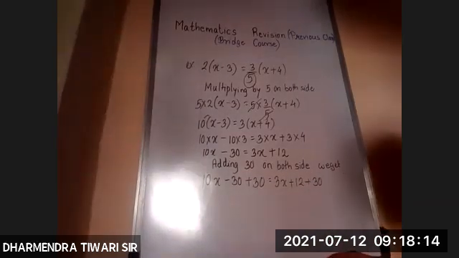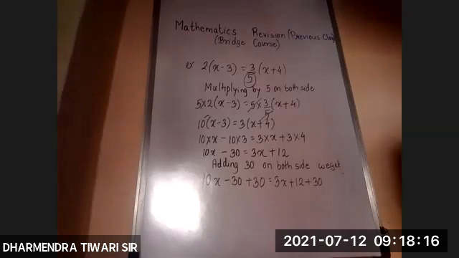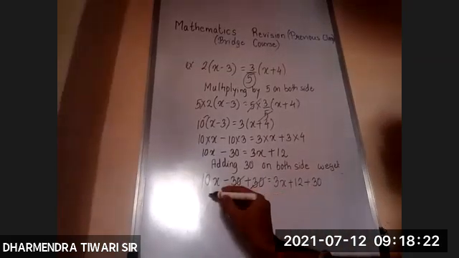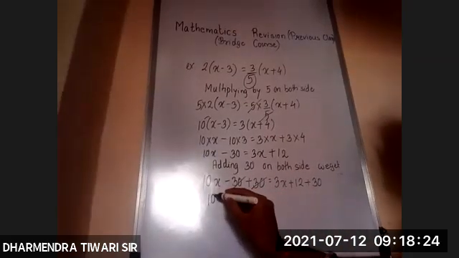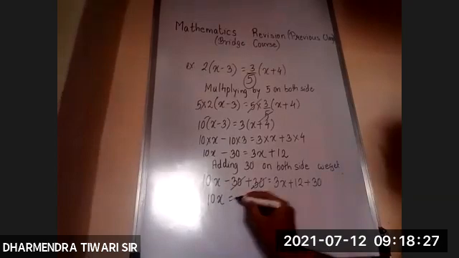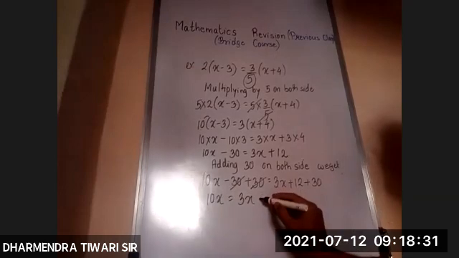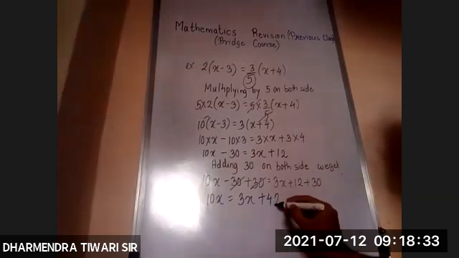Now we have numbers with opposite signs, just strike them out, that is minus 30 and 30. So what remains? 10x is equal to 3x plus 12 plus 30, which is 42.